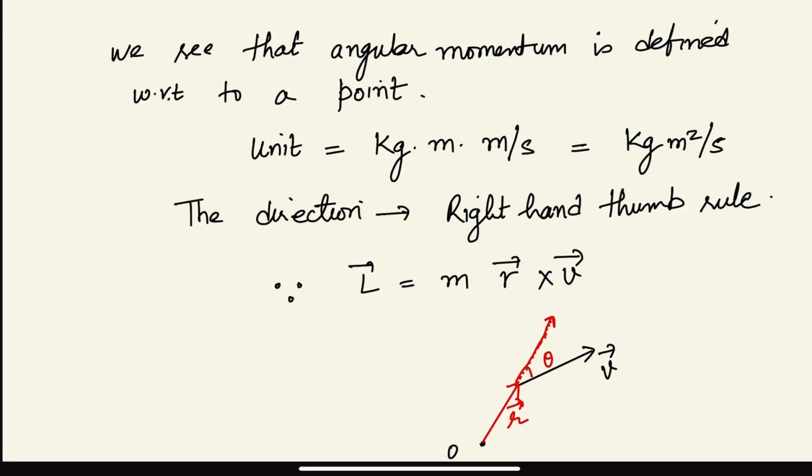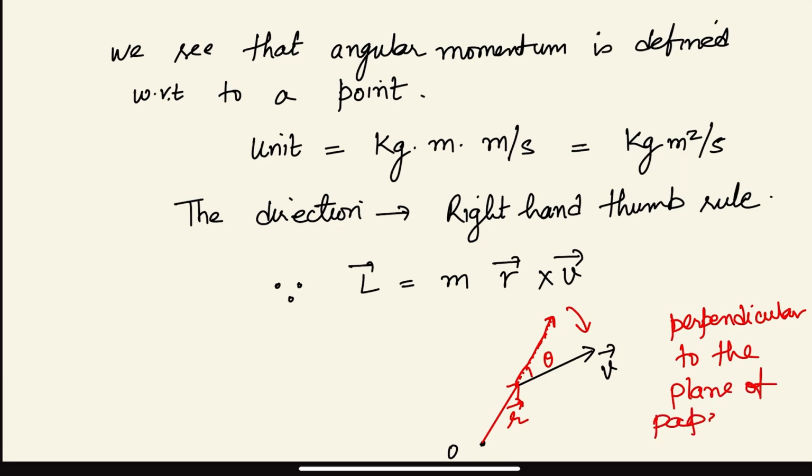So the direction of angular momentum r cross v will be perpendicular to the plane of paper and going inside, and this is also denoted by this symbol.